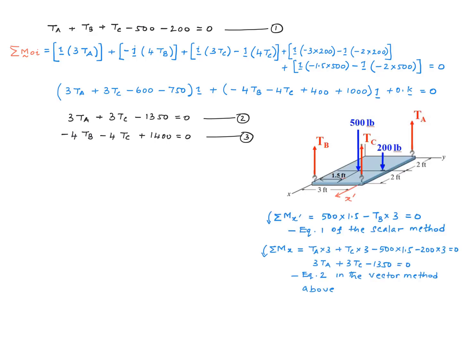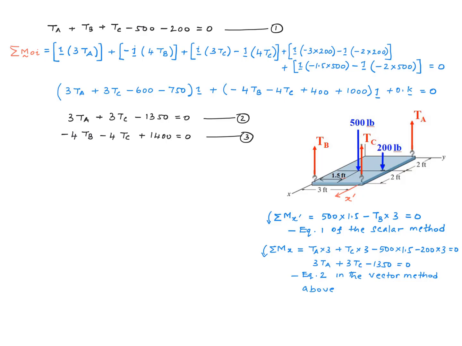In the scalar method, I took the moment about the x prime axis, right? So we ended up with this equation. This is equation number 1 of the scalar method. Had I taken that equation from the x-axis instead of the x prime axis, this is what I would get. This is the moment term associated with the force TA.